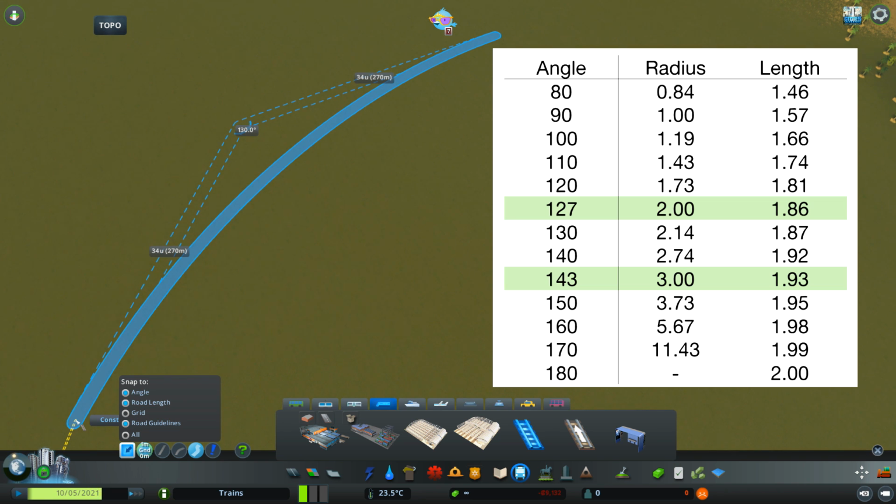You might write it down and use it as a reference for your building, but you don't even need to do that. That's why I included these two angles here, the 127 and 143. If you remember these two numbers, then you are already able to do a basic estimate. For the 127 degrees, the radius is exactly twice the tangent line's length, and for 143, it's 3 times.